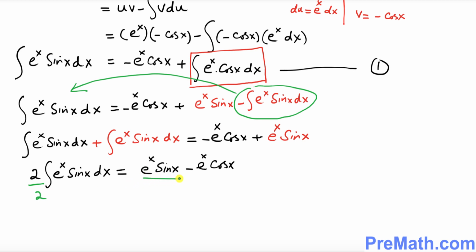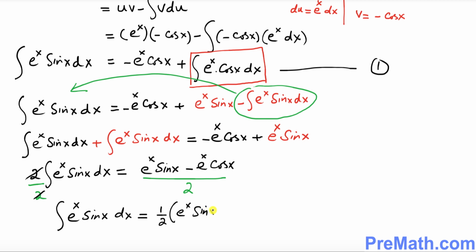So simply this 2 and 2 cancel out. Thus we got the integral of e power x sine of x dx equal to 1 over 2 times, e power x sine of x minus e power x cosine of x, plus c, which is an arbitrary constant.